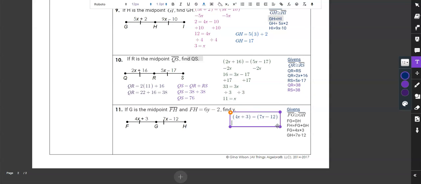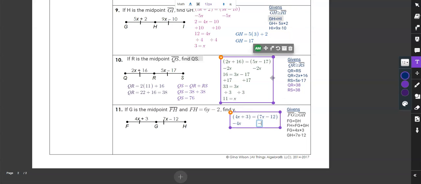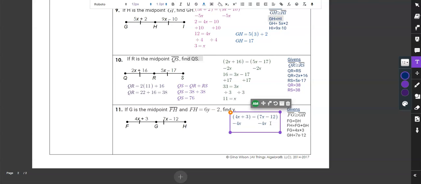Right. From there, what I want to go ahead and do is subtract 4x from both sides. Alrighty, minus 4x, and that's going to leave me with 3 is equal to 3x minus 12.